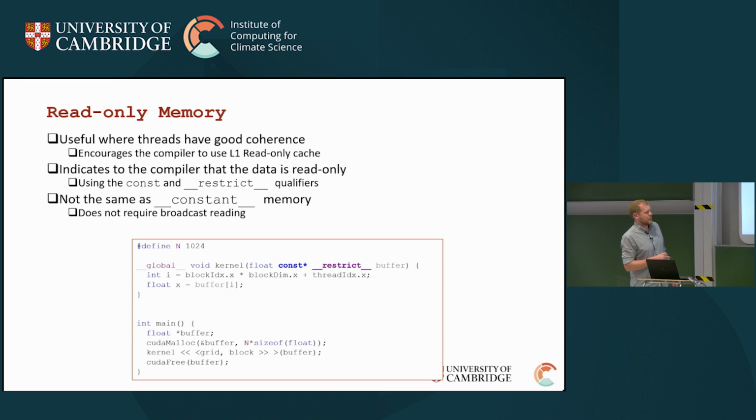It doesn't guarantee it, but it's a good hint that it probably should. If you want to check whether or not it has, you have to go into the profiler and dig into it a little bit more, which is quite advanced. Or you can explicitly use an instruction called LDG, which will force it to come through the L1.